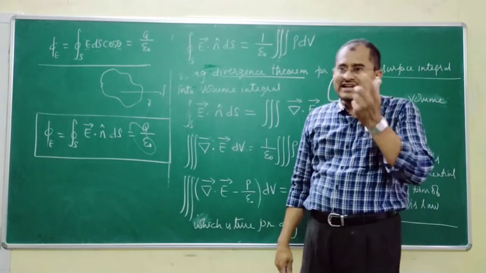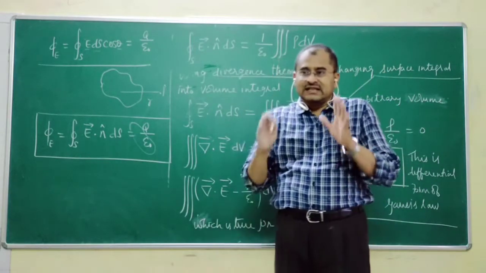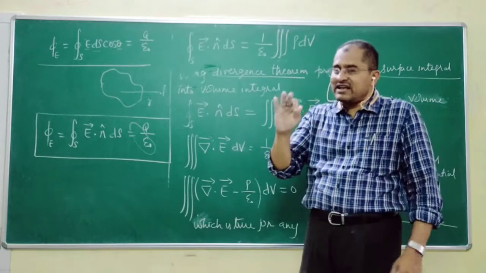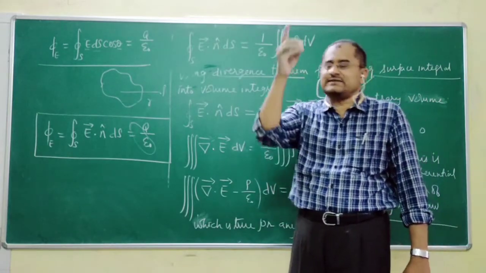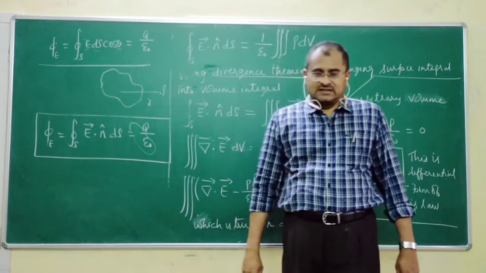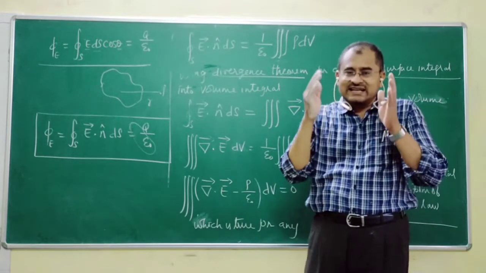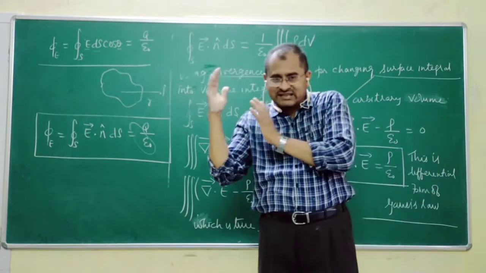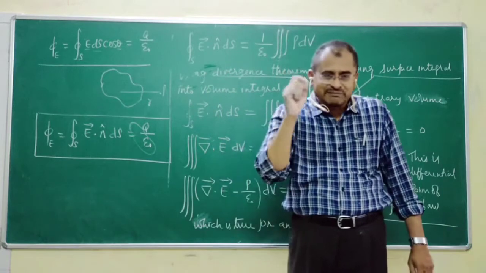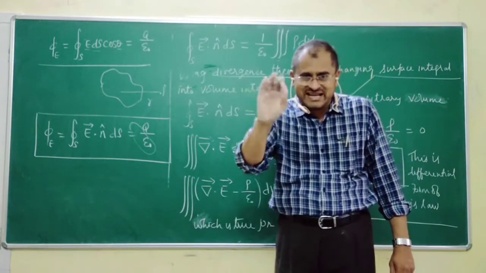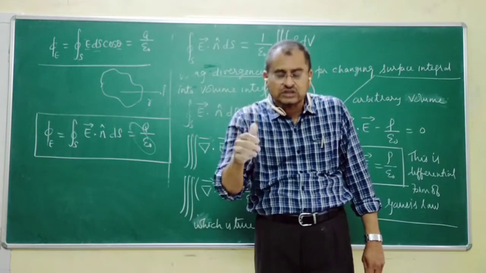You want to find electric field, the integration is for three variables: E ds cos theta. So integrating this particular integral comprising three variables, namely E, ds, cos theta, is a touch difficult.